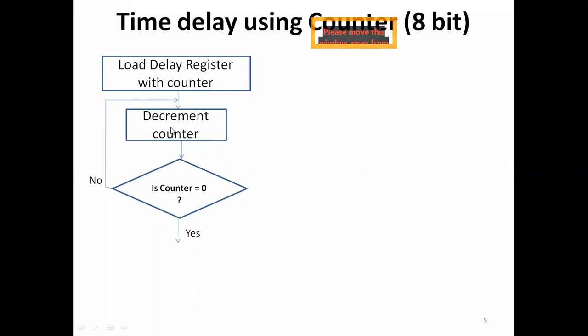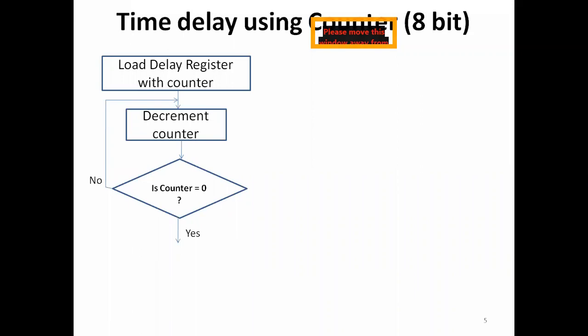Suppose we have taken the counter value as 10 and decremented, it will become 9. Then it will check, go back, and it will become 8, then 7. So the time will be consumed unnecessarily to create a delay in executing the program if this part is being used.